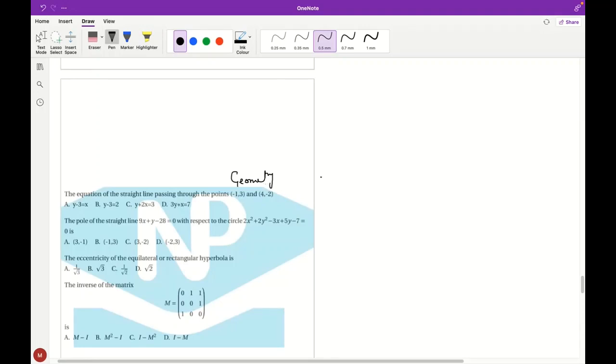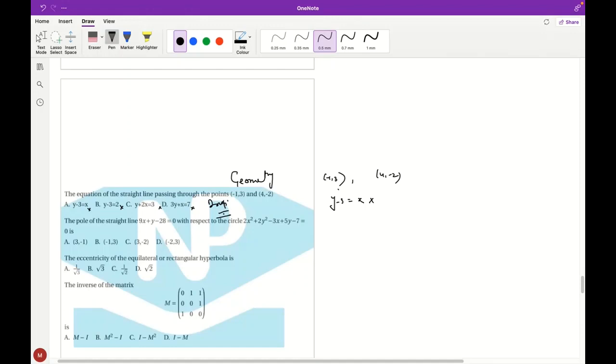So both points, minus 1, 3 and 4, minus 2, will be satisfied by the line. For the first option, y minus 3 equals x, put x equal to minus 1 and y equal to 3. No, this is not the option. Similarly, this is not the option, this is not the option. That's why no answer is correct, and the question has also been dropped from the question paper.